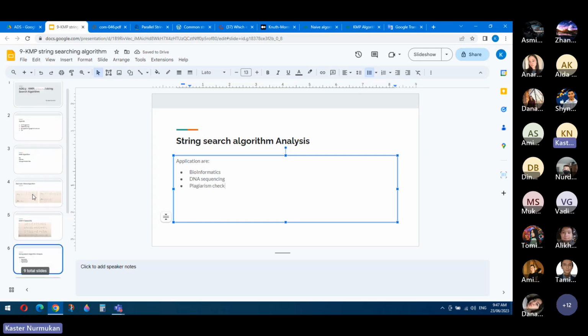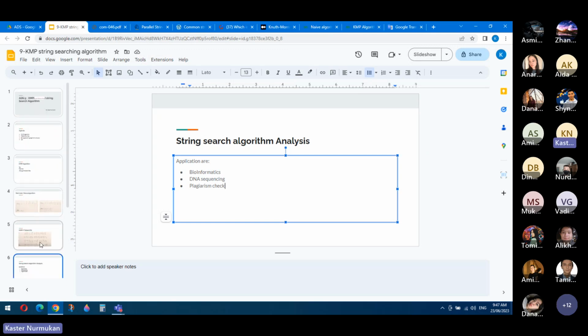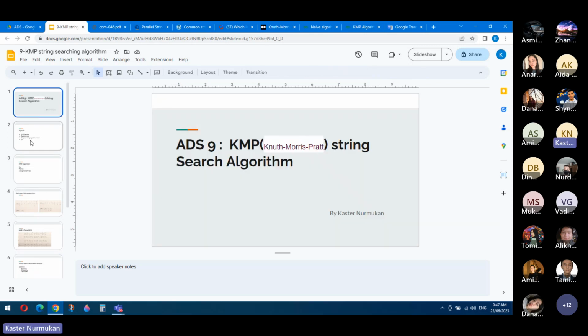I think that's it. So again, I just want to summarize. Today we learned another option for string searching algorithms, another option after the Rabin-Karp algorithm. The Rabin-Karp algorithm actually uses the hash function approach, but this one is not using a hash function.